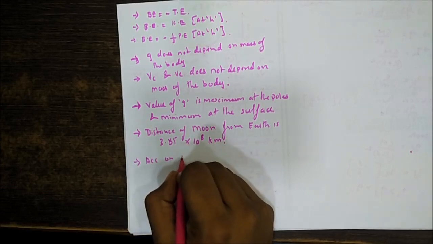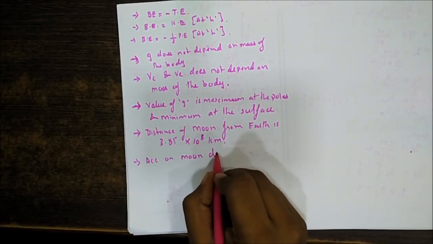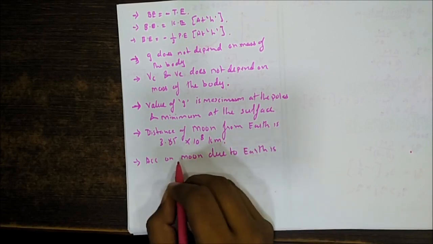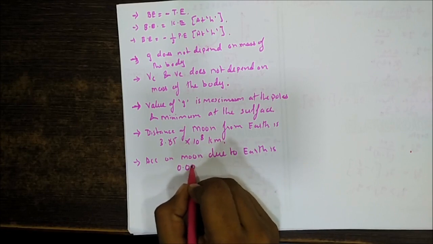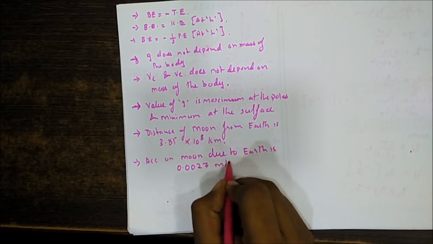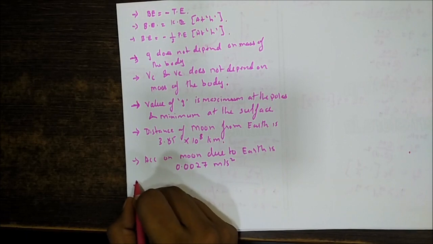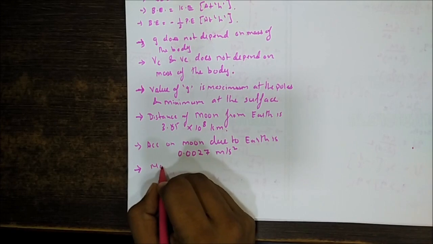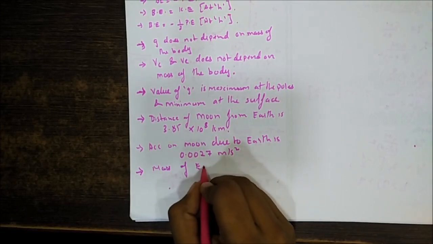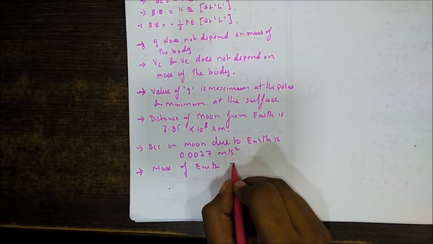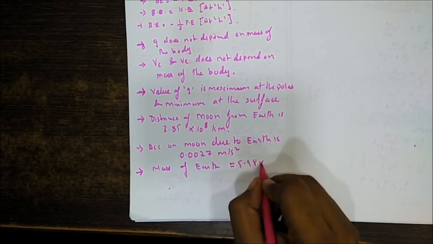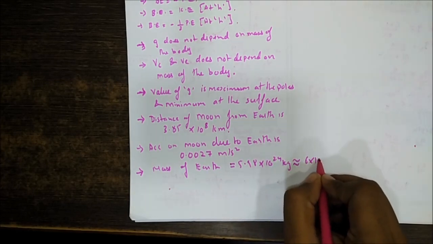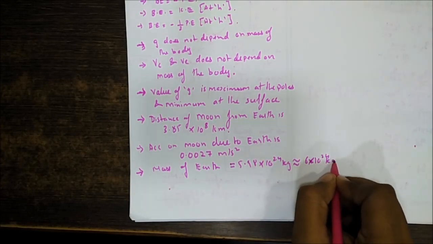Acceleration on moon due to Earth is 0.0027 meter per second square. Then we have mass of Earth, which is 5.98 into 10 raised to 24 kg, which is almost 6 into 10 raised to 24 kg.